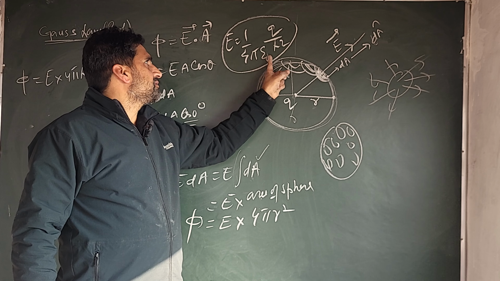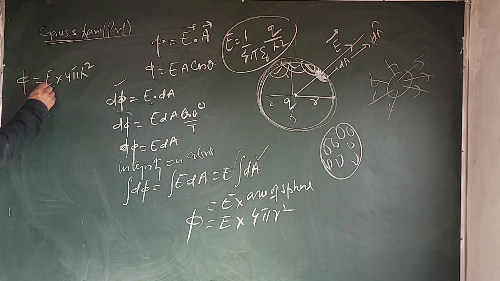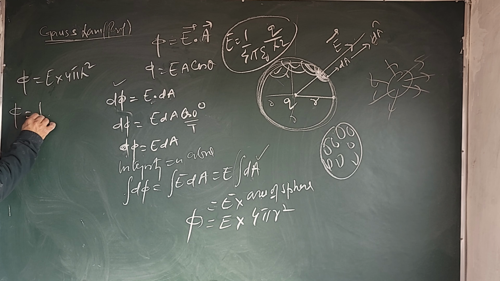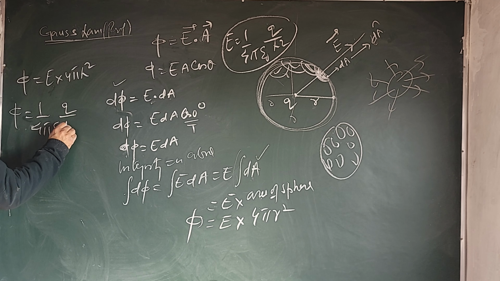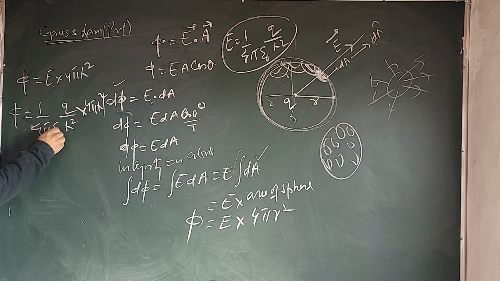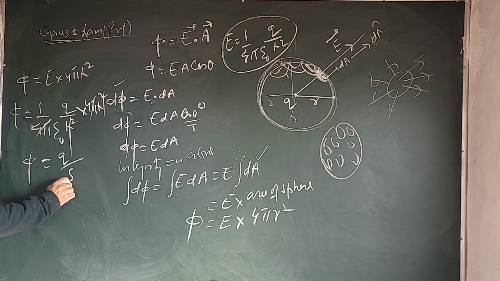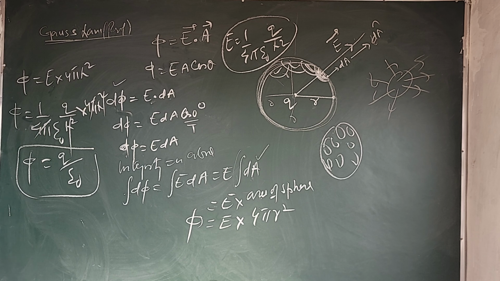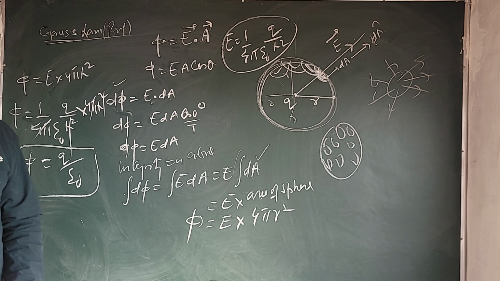Substituting here, phi is equal to 1 over 4 pi epsilon naught q over r squared into 4 pi r squared. R squared cancels, 4 pi cancels. Phi is equal to q over epsilon naught, which is the required Gauss's law, Gauss's theorem.